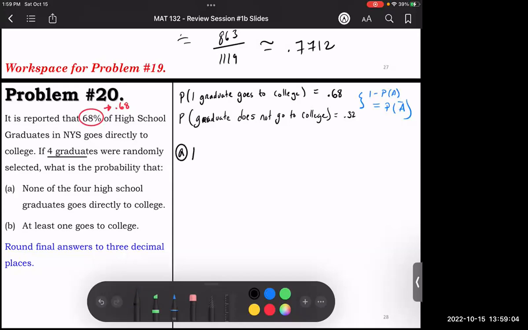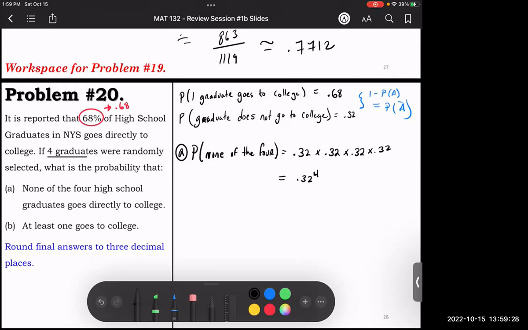For part A, the probability that none of the 4 is going to be equal to 0.32 times itself 4 times, or we say 0.32 raised to the 4th power, right?